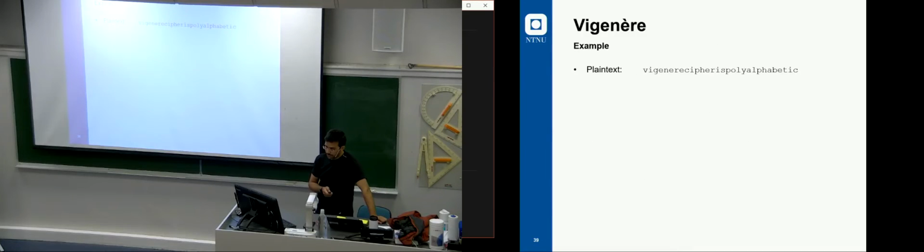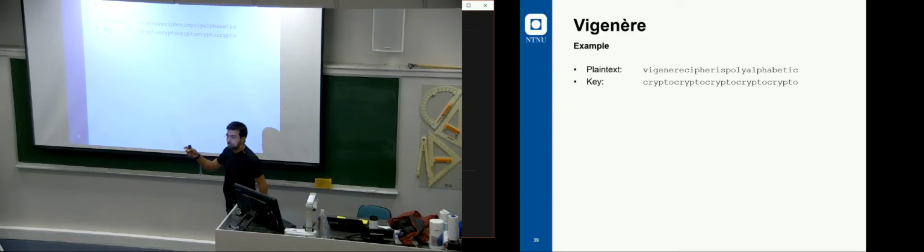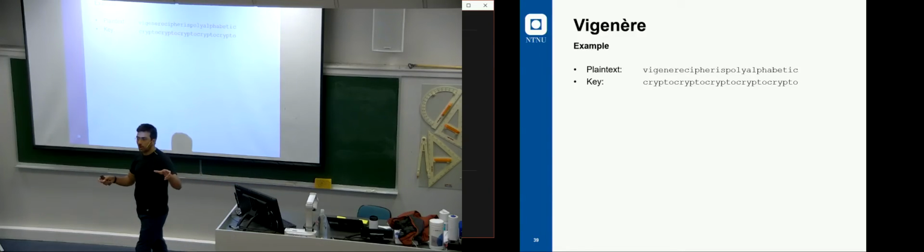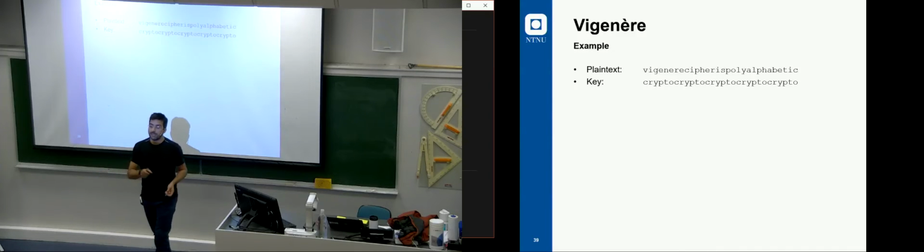Say, for example, there is a plaintext. The Vigenère cipher is polyalphabetic, and for this I had a key that was actually crypto, but I keep repeating crypto until I completed all the characters in my plaintext.